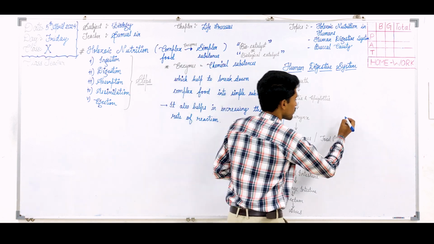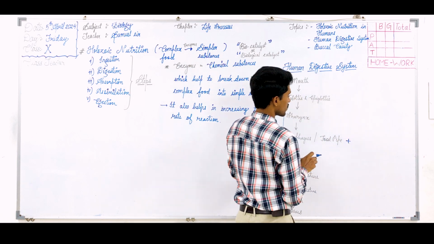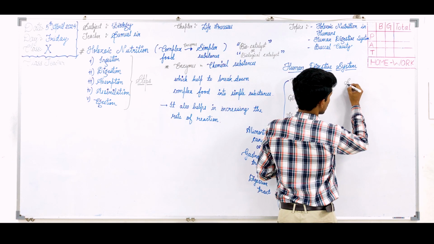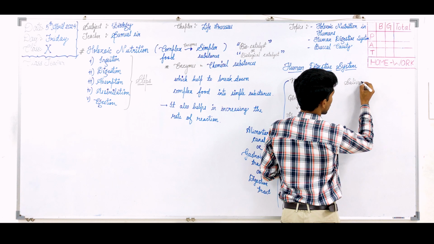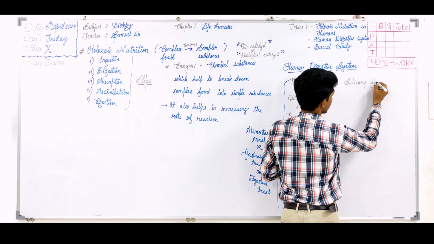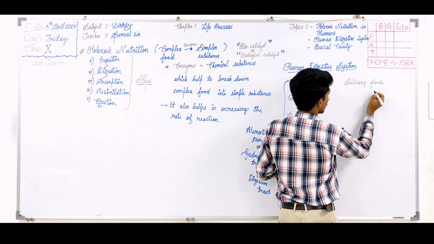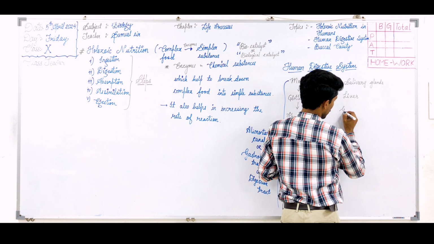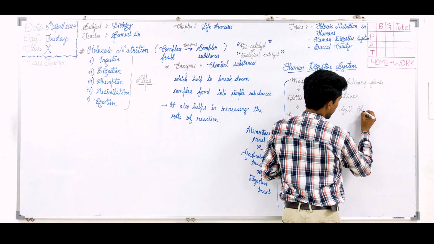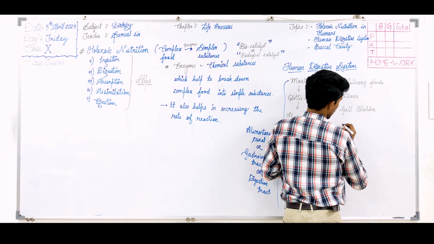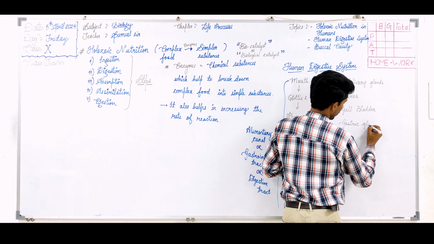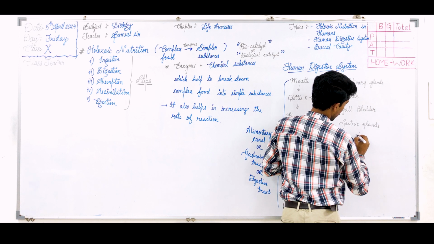Along with this, in addition to this, we take the glands such as the salivary glands, next the liver, the gallbladder, the gastric glands in the stomach, and the pancreas.